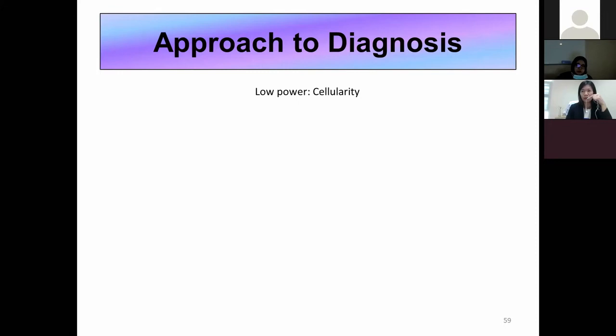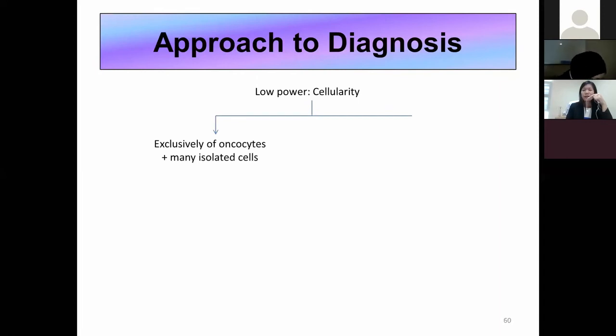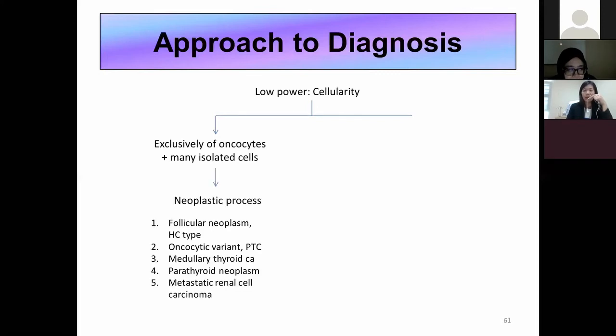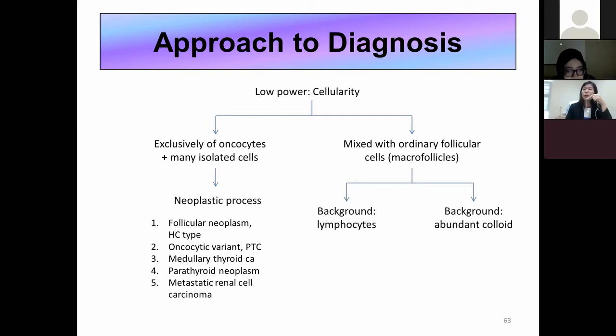Okay, so approach to diagnosis. My approach to diagnosis: at low power, you will look at the cellularity. When the smear is very cellular, composed predominantly of oncocytes and many isolated discohesive cells, you need to think of a neoplastic process as listed down here. Or if there is a mixed population of cells predominantly composed of macrofollicles, which is not so cellular, then you look at the background.